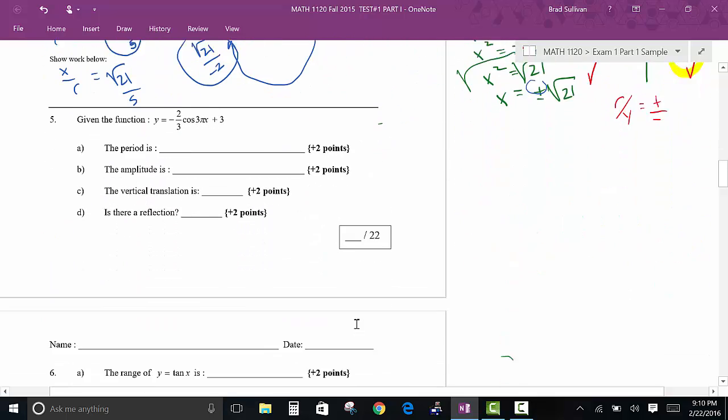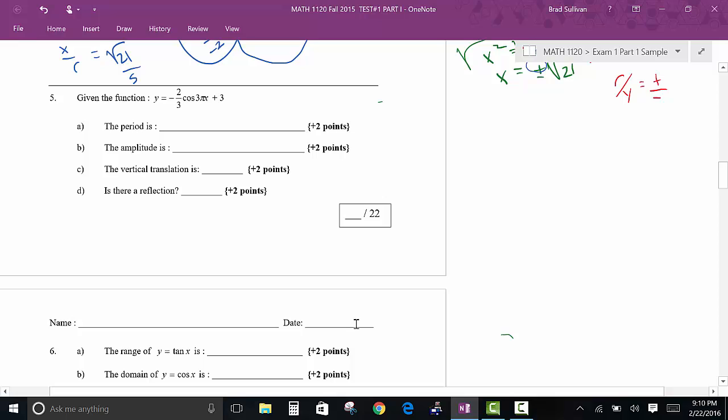And next thing we want to look at on this problem is I'm giving you just a function. We're going to figure out what the period is. Okay, so the period, for a cosine or a sine, the formula for the period is 2 pi over the absolute value of omega. Omega is the number that's in front of x. So you're going to do 2 pi over 3 pi.